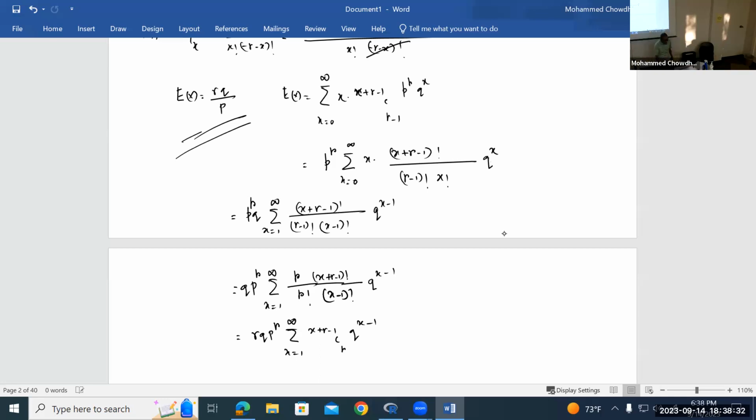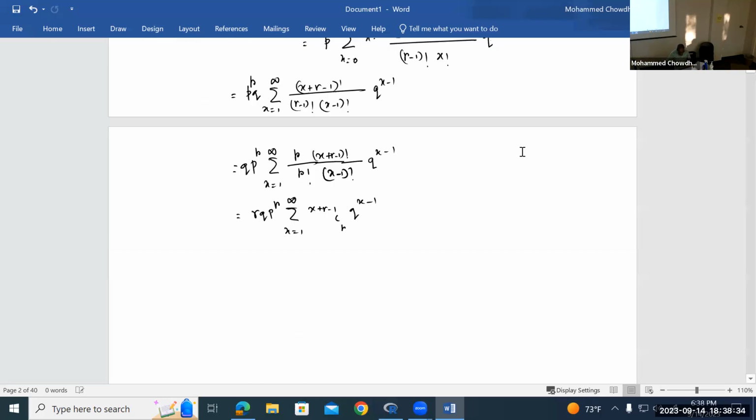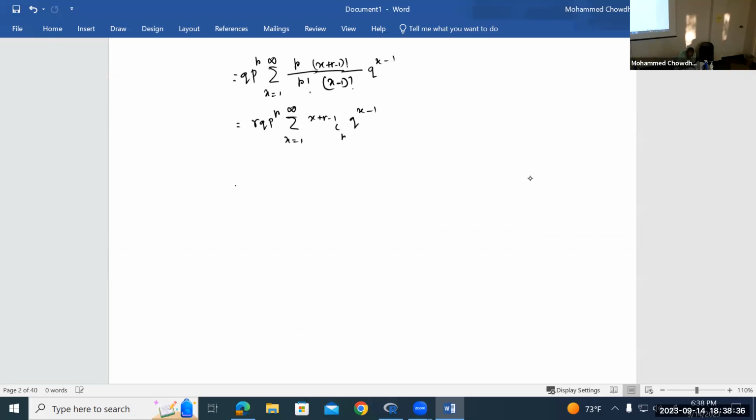Okay. Now, if we plug the values of x into r q p to the power r, suppose I plug x equal to 1, then there is a 1. If I plug x equal to 2, then we will get r plus 1, c r, and then q.